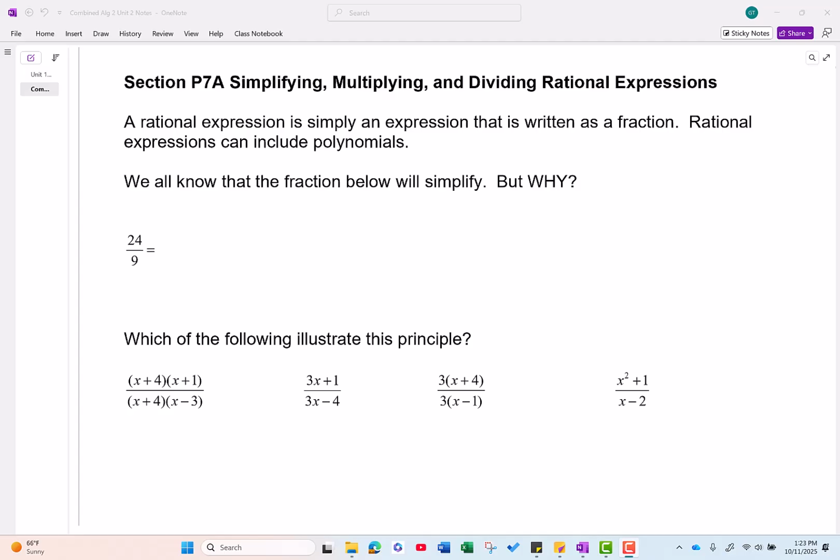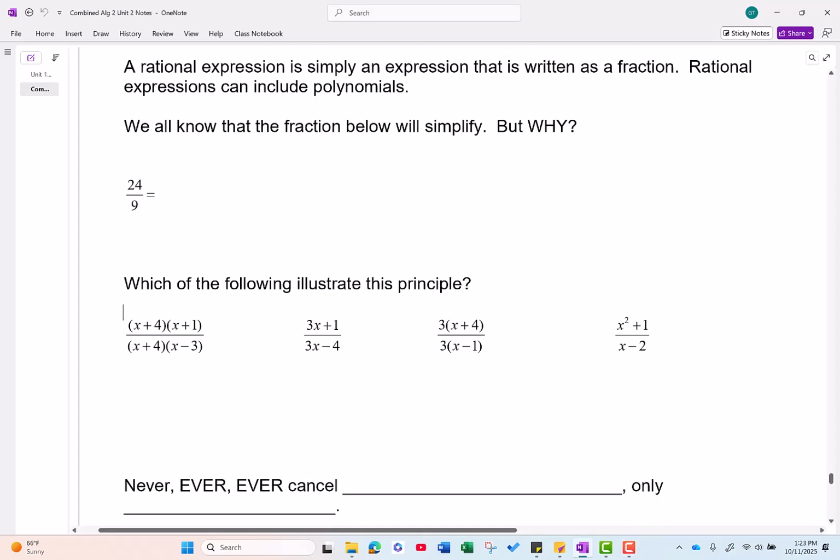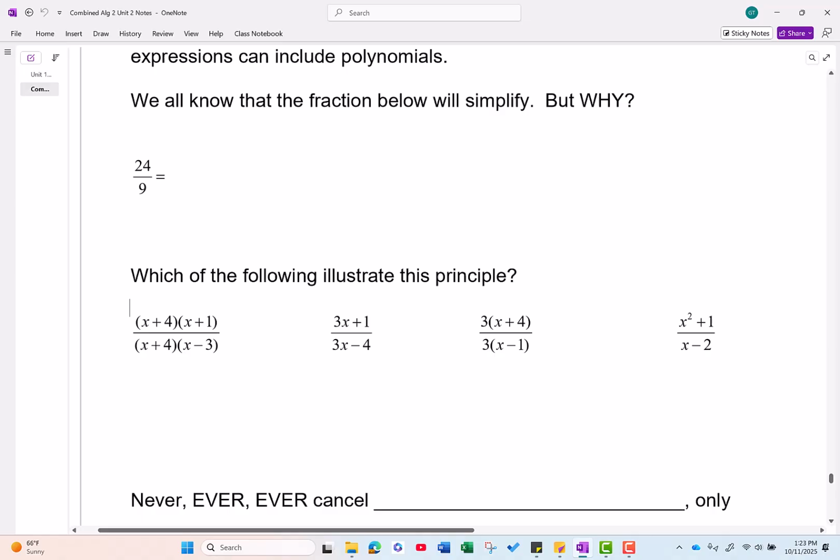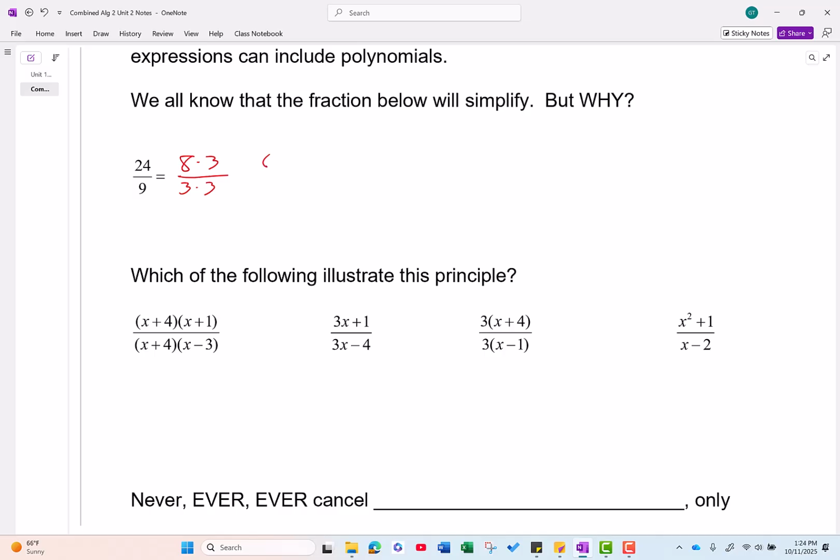All right, so you might be able to look at this 24 divided by 9 and realize, yeah, that's going to simplify. But let's make sure we understand the principle behind it. If I listed this out as 8 times 3 over 3 times 3, I could see that this is the same as 8 divided by 3 times 3 divided by 3.